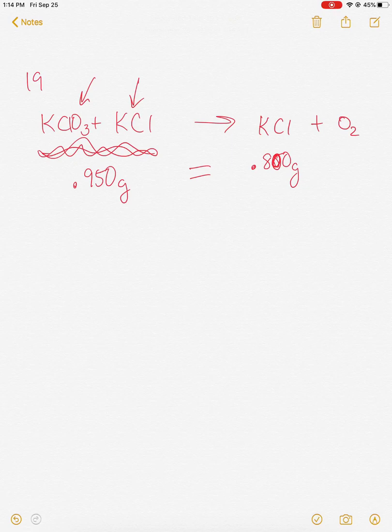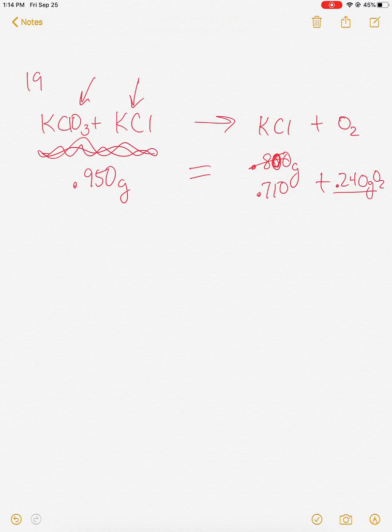Did you have that information? No, yours was 0.7, okay, 0.710. Okay, there we go. And so that means the remaining mass was 0.240 grams of oxygen, right?